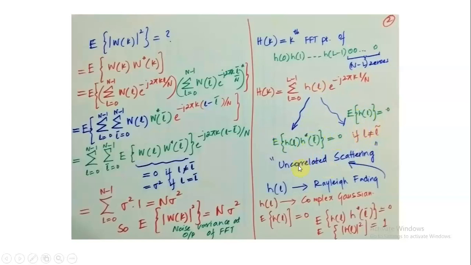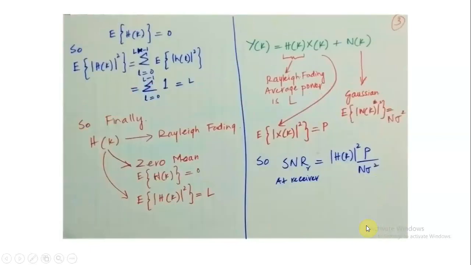So this happens when we have uncorrelated scattering, in which the taps of the Rayleigh fading hl are uncorrelated. So hl is also complex Gaussian. Expected value of hl is equal to 0, the expected value of hl into h conjugate of l dash is equal to 0, and the expected value of hl square is equal to 1.